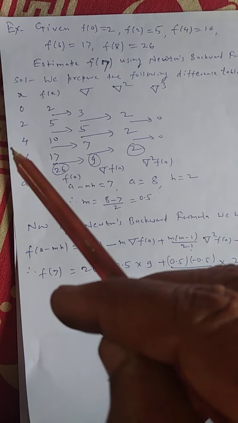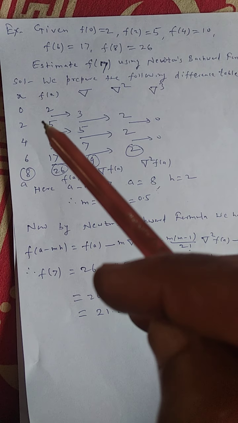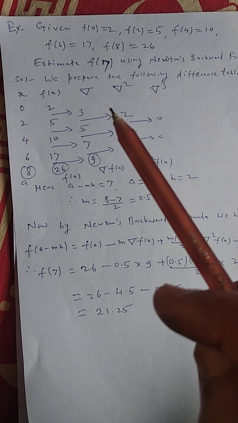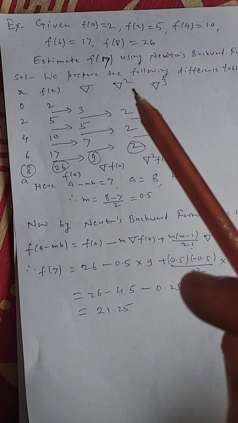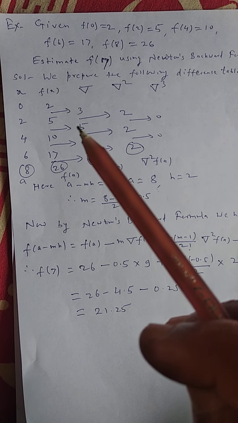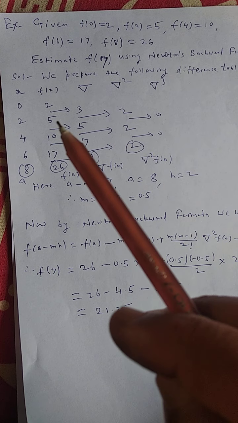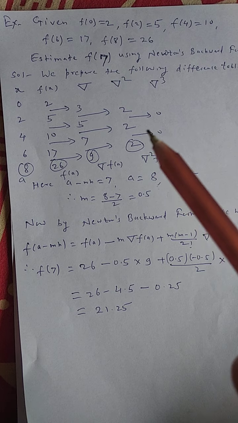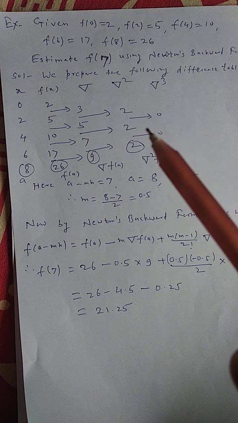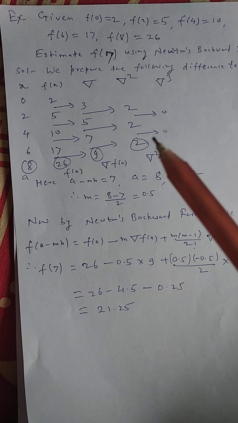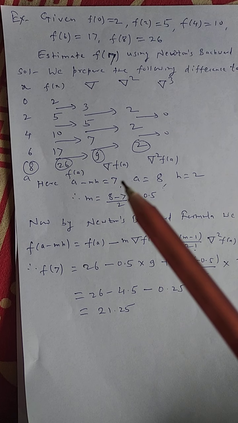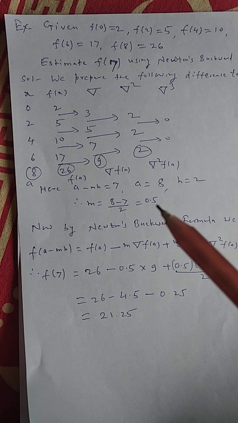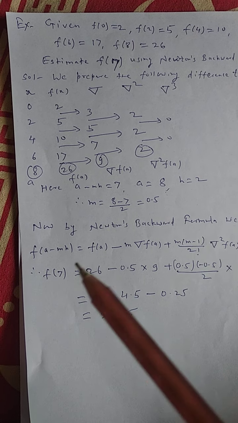So from this we have to convert these columns x and fx, and the rest are the same as in previous examples. Then del is 5 minus 2, 3, 10 minus 5, 5, like this. Del square 2, 2, 2, del cube is 0. So up to del square we have to calculate. Then a minus mh is 7, a is 8, h is 2, therefore m is 0.5.